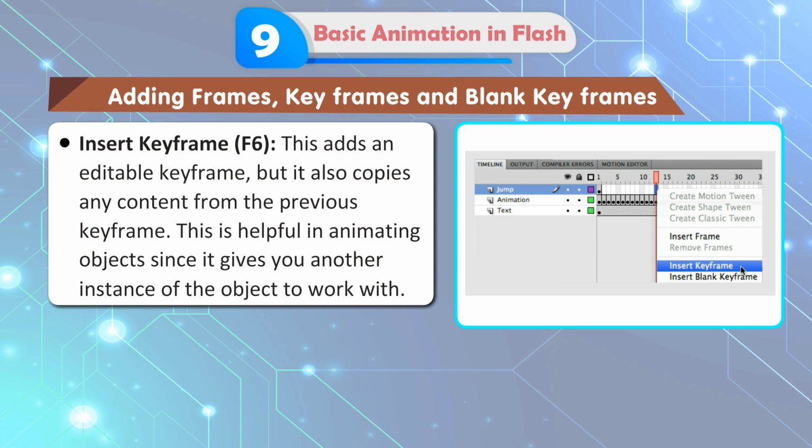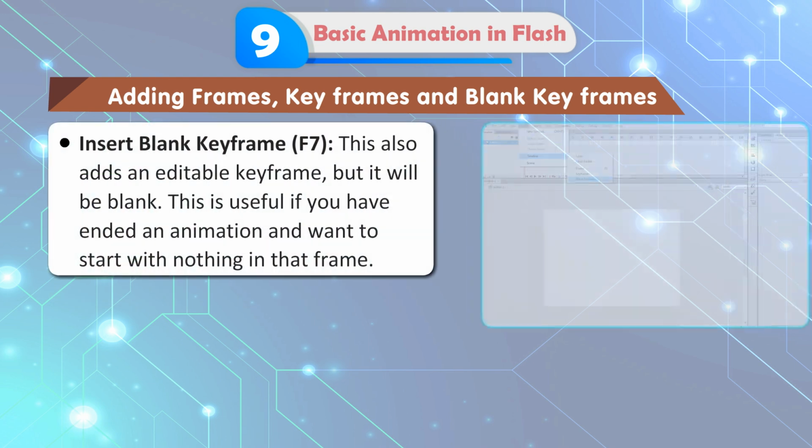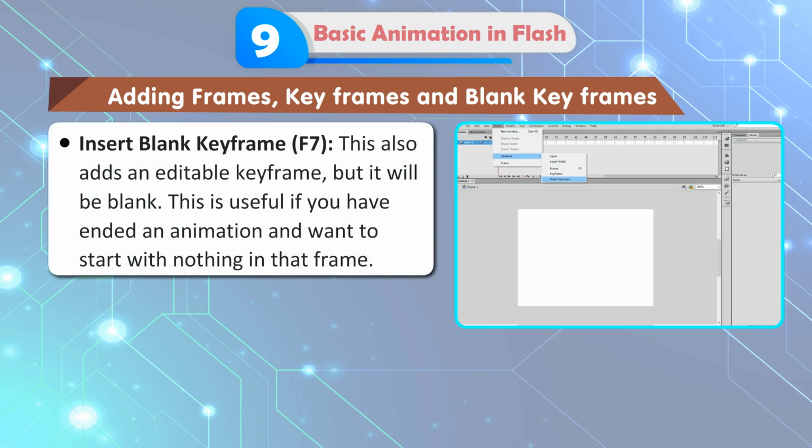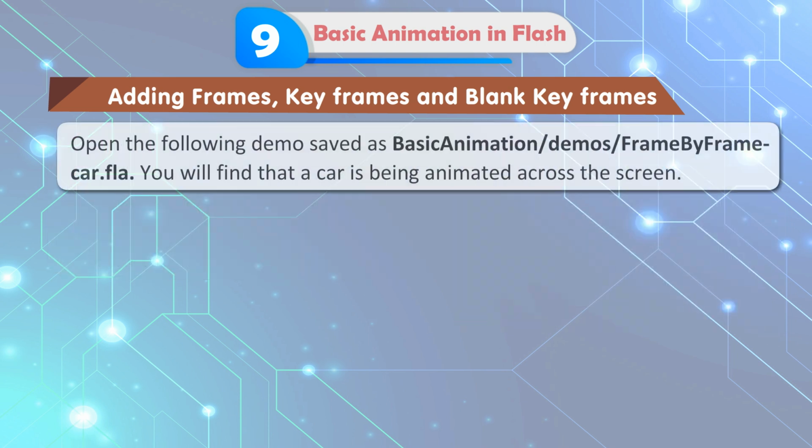This is helpful in animating objects since it gives you another instance of the object to work with. Insert Blank Keyframe, F7. This also adds an editable keyframe, but it will be blank. This is useful if you have ended an animation and want to start with nothing in that frame.